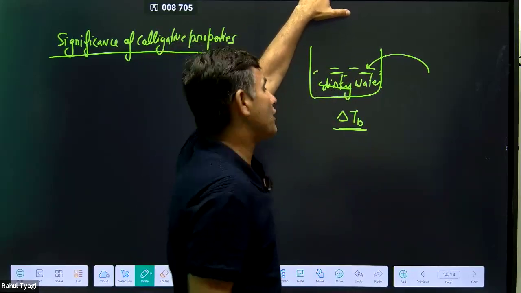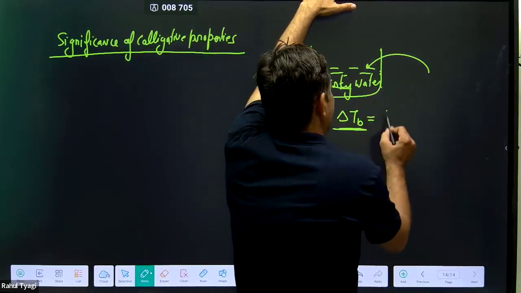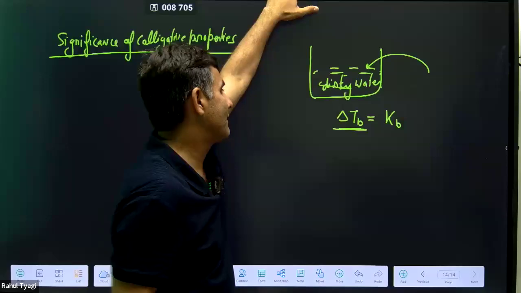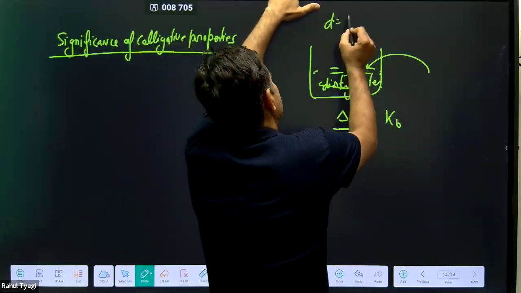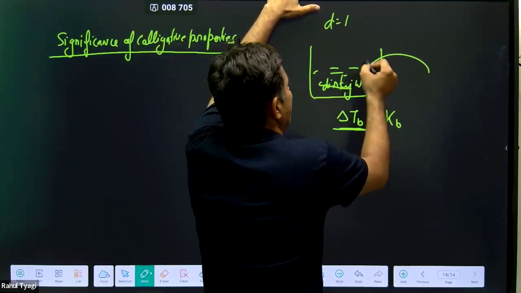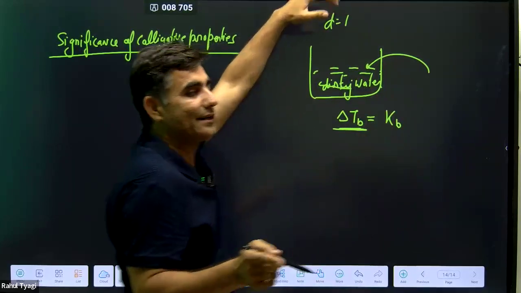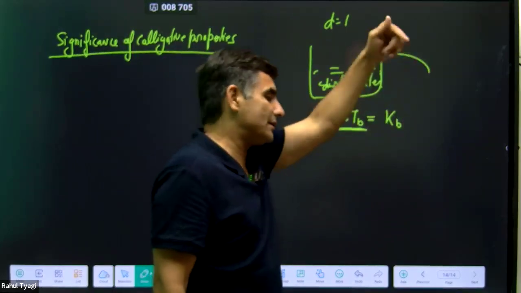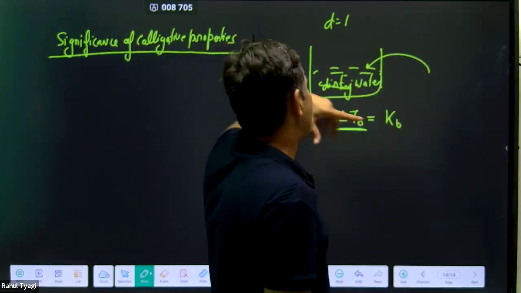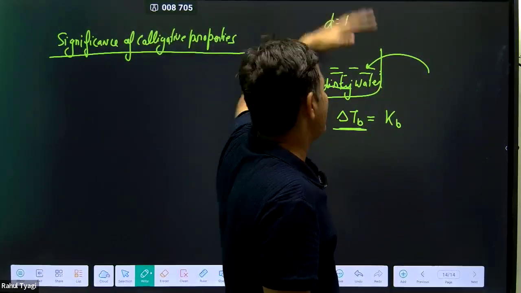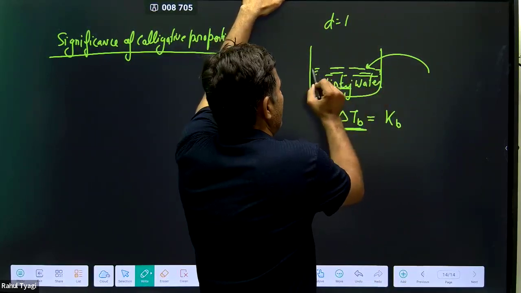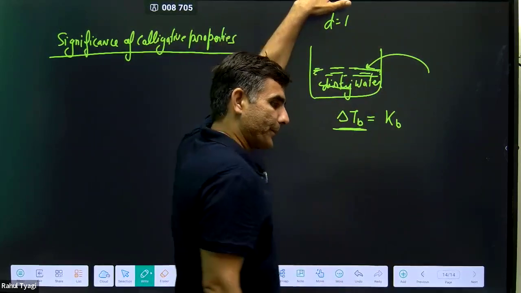I know the nature of water, so I know the value of Kb also. Got it? The density of water is 1. If density exceeds 1, that means its density is increased by that constituent. And on the basis of that increase in density, I can find out the mass of that element or compound mixed in this water.